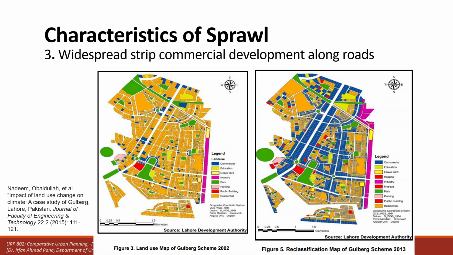Choking points are developed at the entry or exit points of the city, and these commercial developments are often done along major highways. It also develops at junctions or near interchanges of the city. So that is another aspect of commercial activities along the main roads.